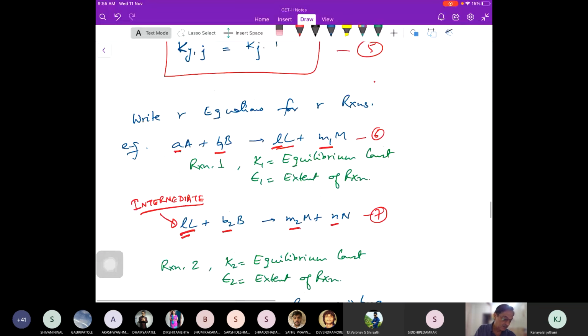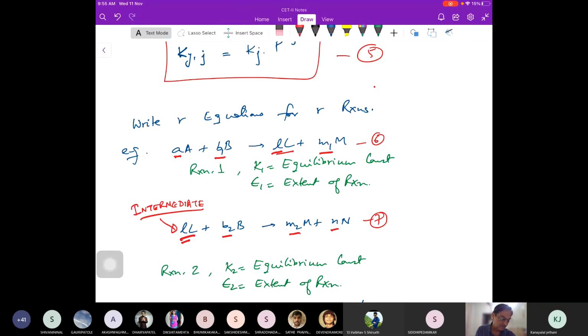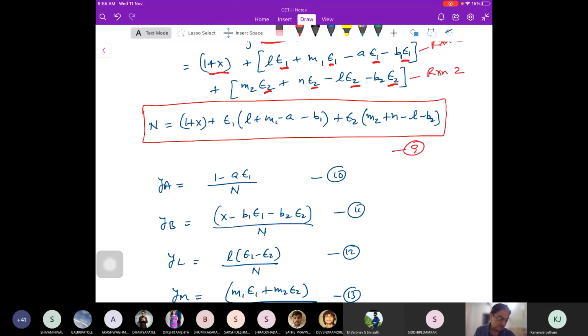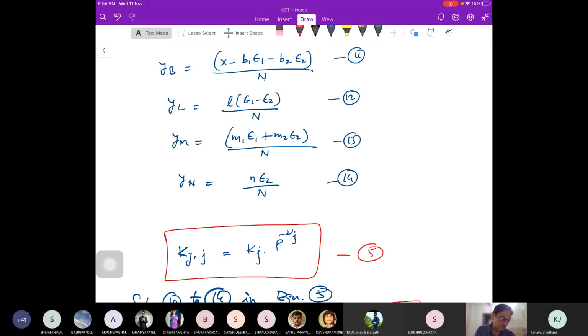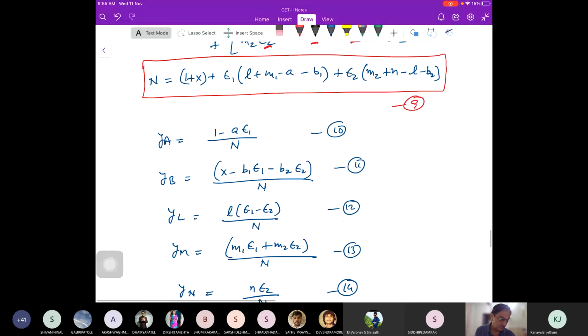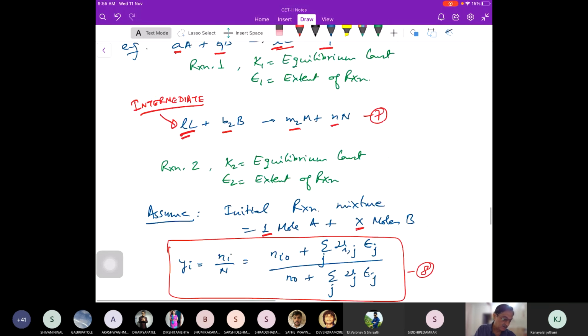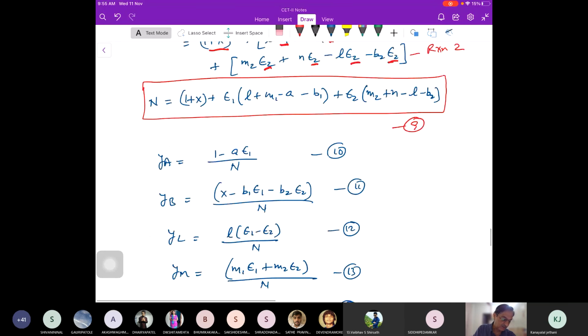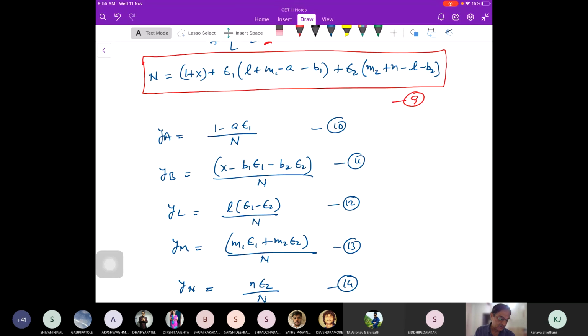So 1 minus A into epsilon 1 upon capital N. YB, which is the second reactant, is in both reactions, so both terms will come: x moles initially, minus B1 into epsilon 1 minus B2 into epsilon 2, with stoichiometric coefficients B1 and B2, divided by n.